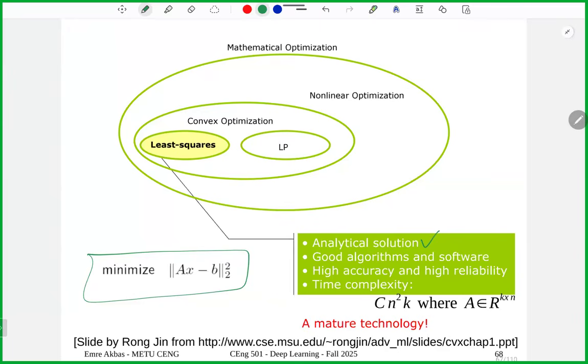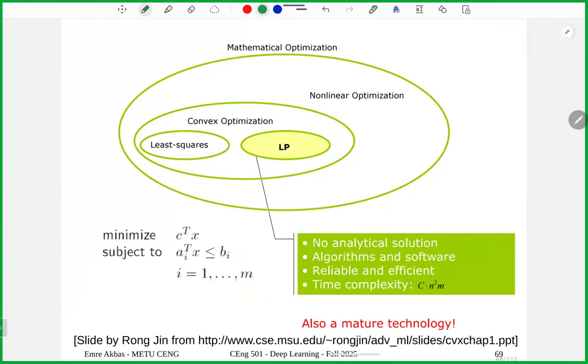There are good algorithms and software to minimize it, with high accuracy, high reliability, and good time complexity. I'm not going to go into details. So we consider this a mature technology. If you convert your engineering problem to a least squares problem, then you can consider it solved, because least squares is a solved problem.